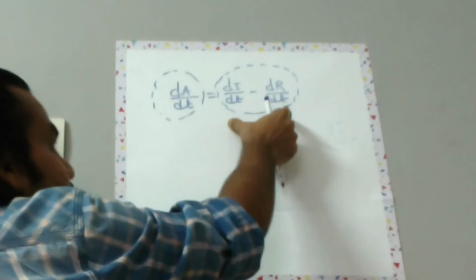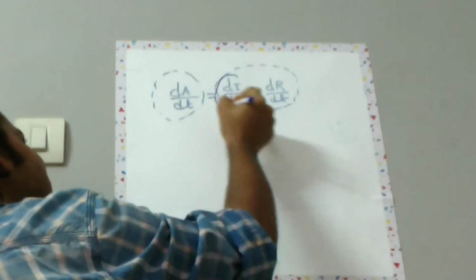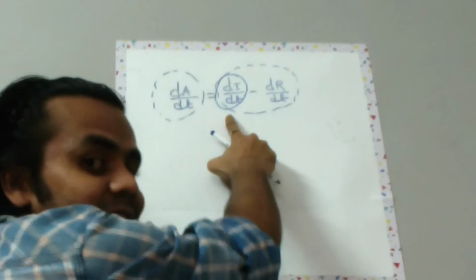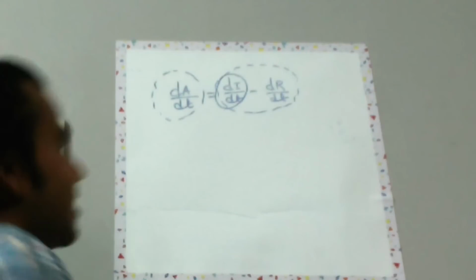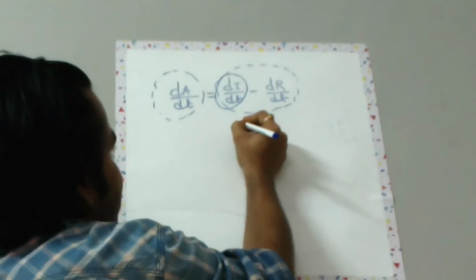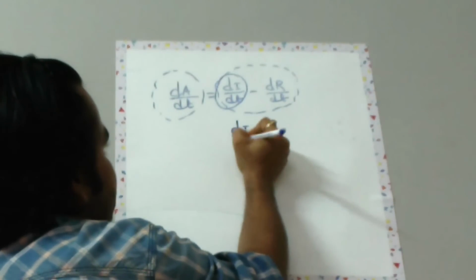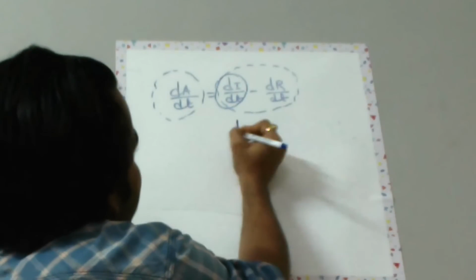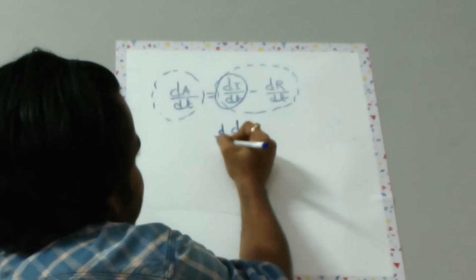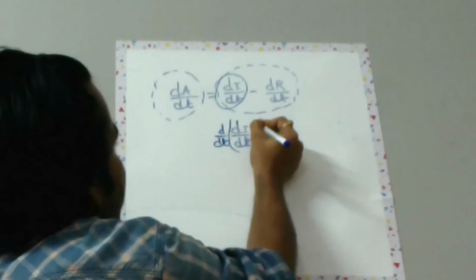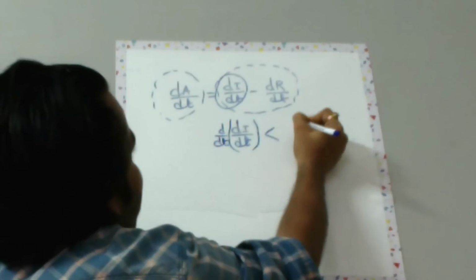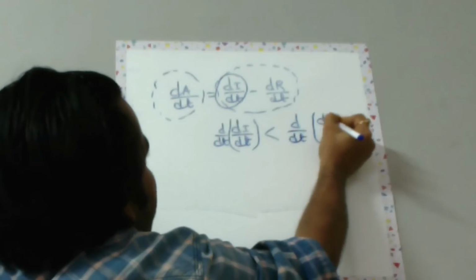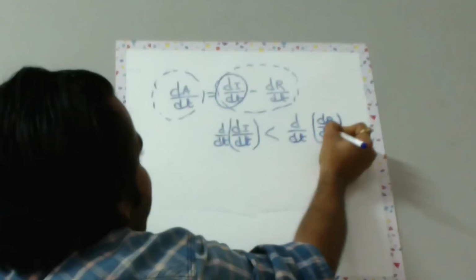If this has to fall, this thing has to increase at a slower rate, which means d/dt of dI/dt should be less than d/dt of dR/dt.